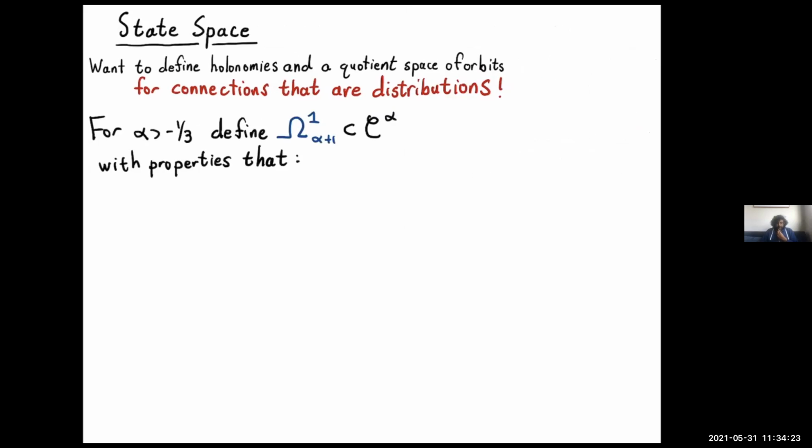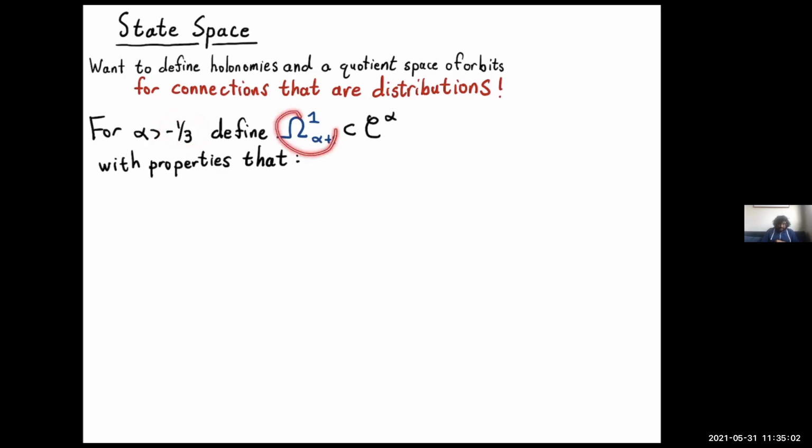What you can show is you can very carefully define certain subspaces of distributions that have special properties. These are one forms with some additional Hölder type quantities, and you can do this. This construction works when you expect your gauge field to have regularity better than -1/3.